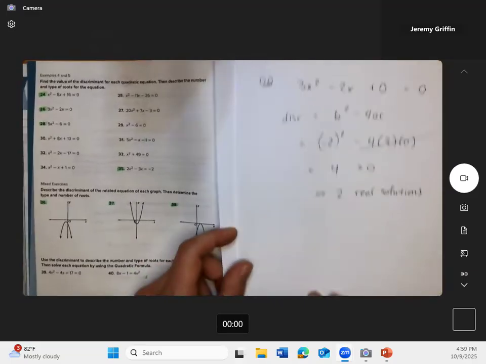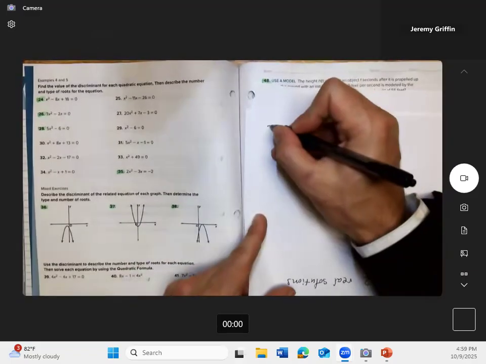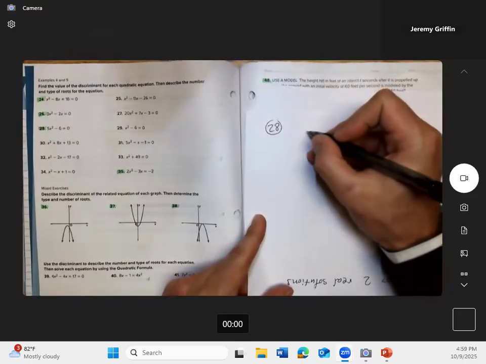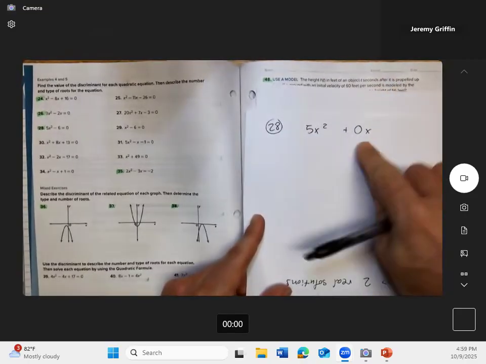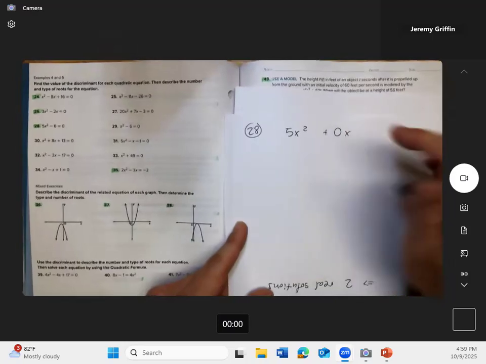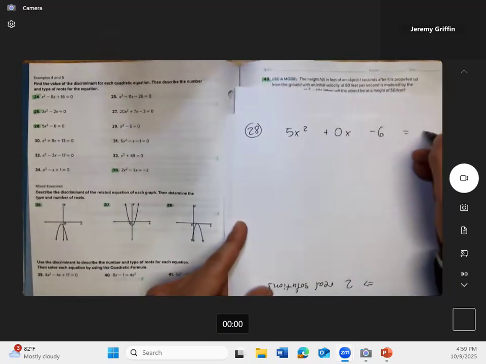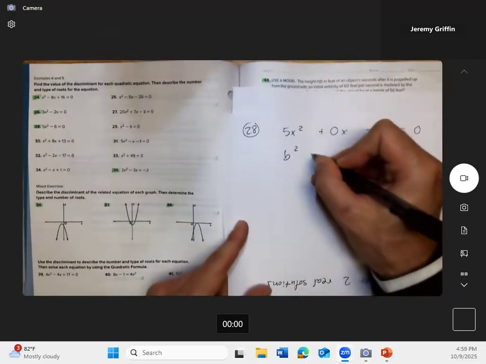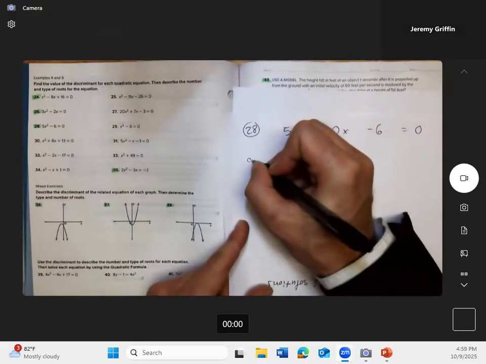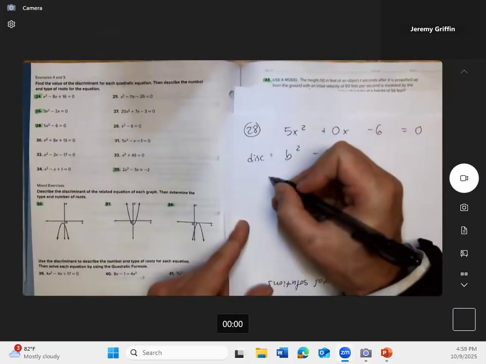Okay, 28. Yeah, sorry, 28 right here. Got 5x squared. Now there are 0 x's, so I'm just throwing that in myself. That just says minus 6 equals 0. Yeah. So what is b squared minus 4ac? That would be the discriminant, right?